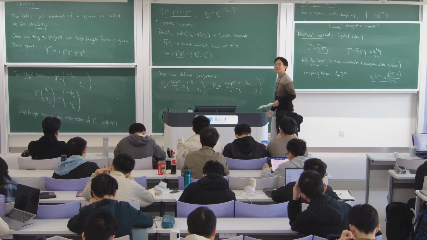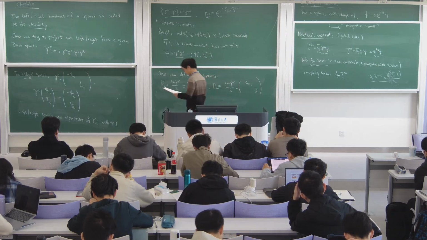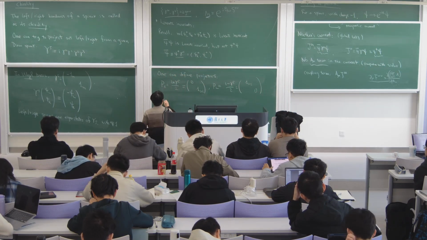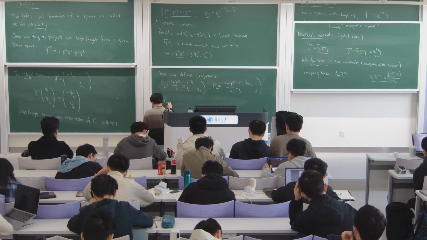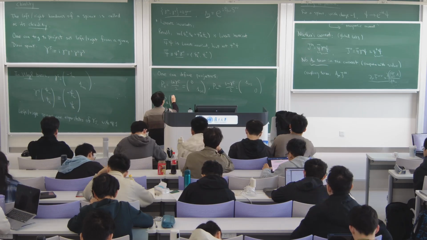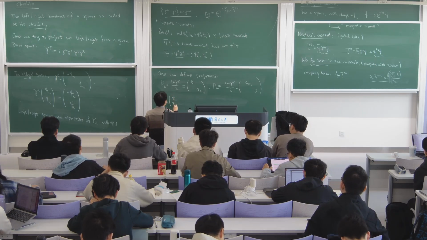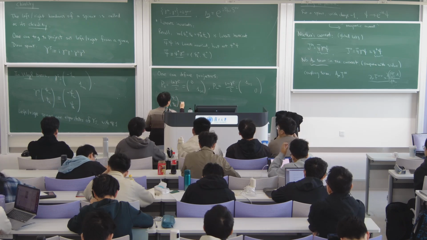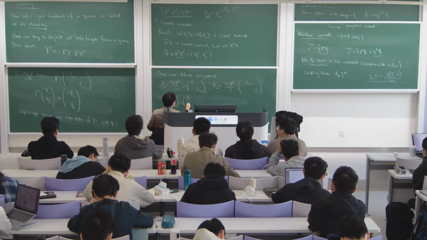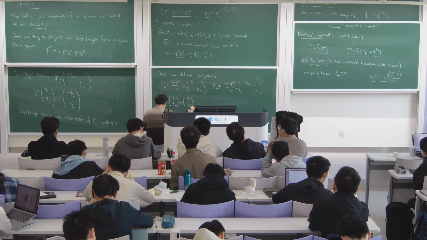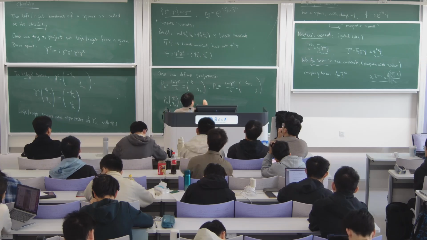So that is why we want this funny object: when we act P_R on a given Dirac spinor, I get only the lower half, which is the right-handed half.